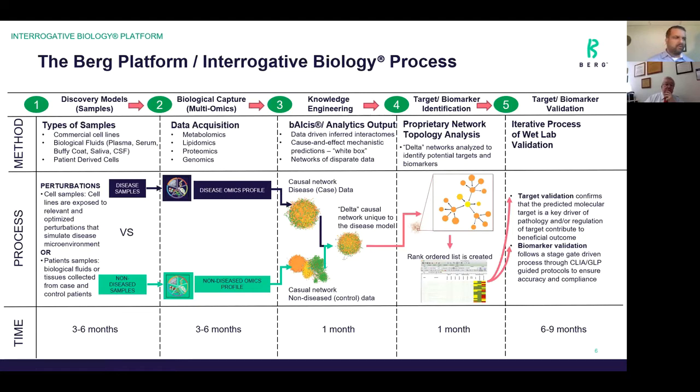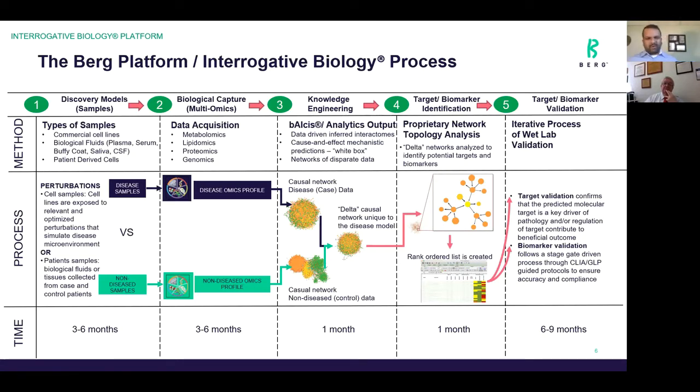For example, in the case of COVID-19, one of the things we did was ask what are the proteins that are directly connected to viral titer. In oncology, that could be what are the proteins that are directly connected to proliferation or apoptosis or EMT or cellular migration, things like that.